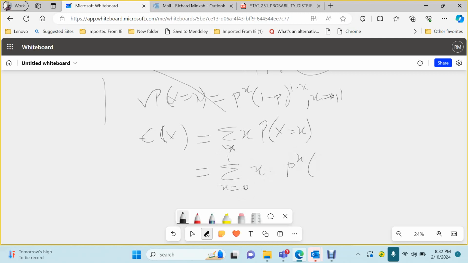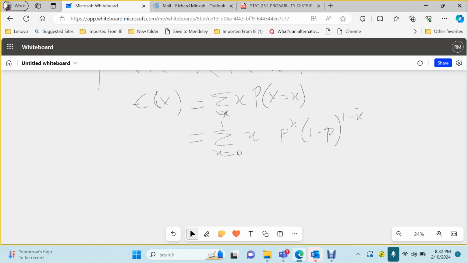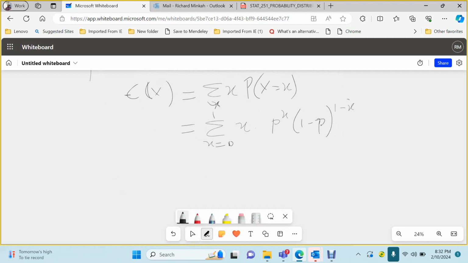P to the x, 1 minus P to the 1 minus x. Is everybody okay? Yes, sir. Good. Right. So now I can write this as well. When x is equal to 0, what will happen to all this?